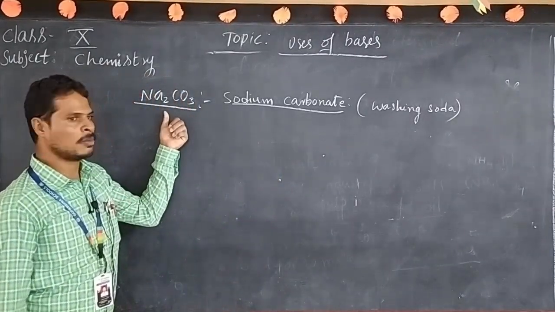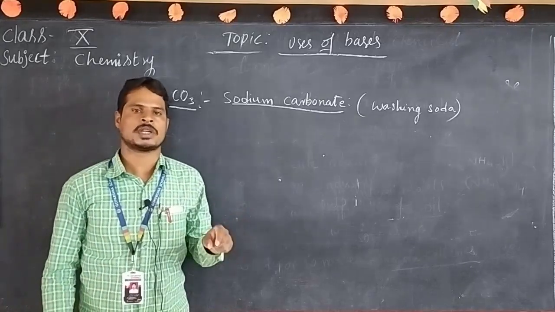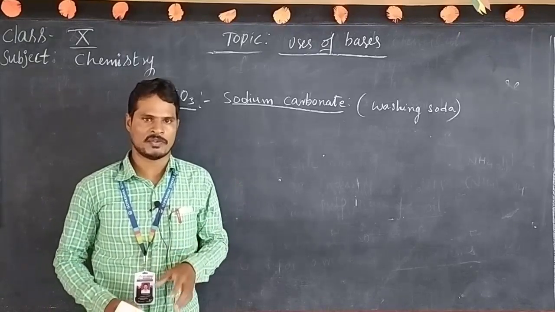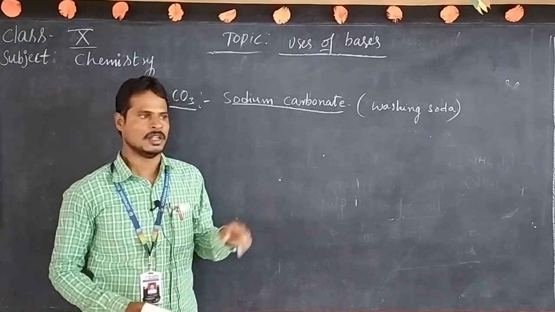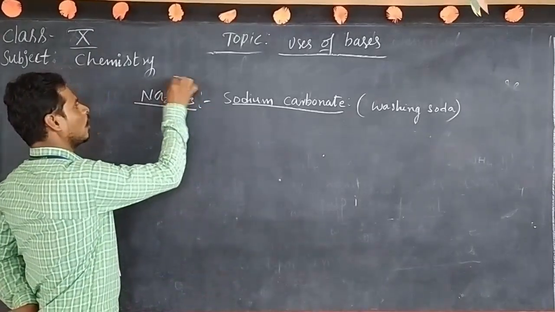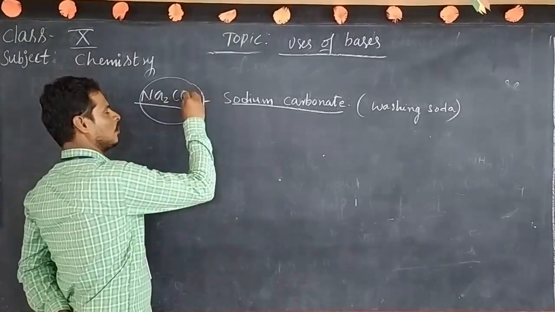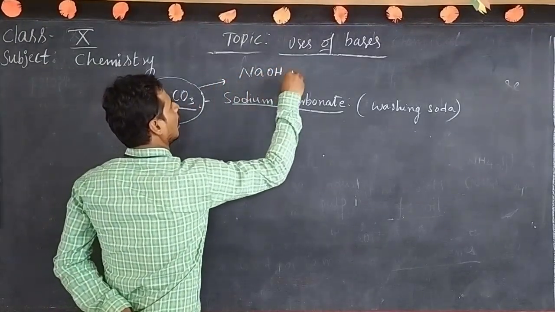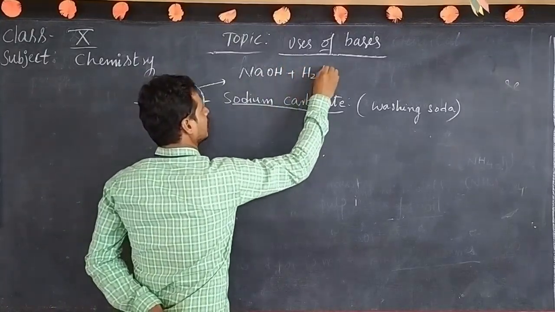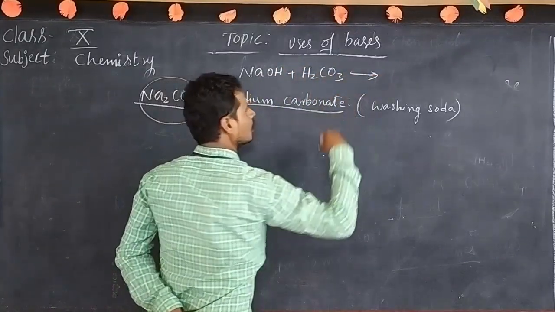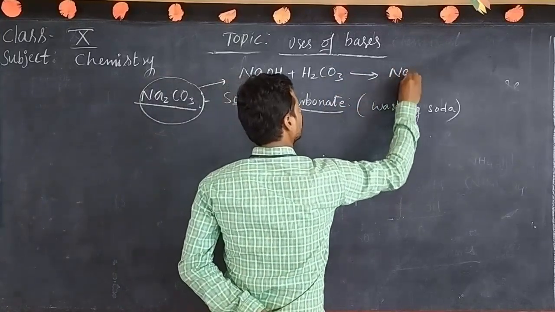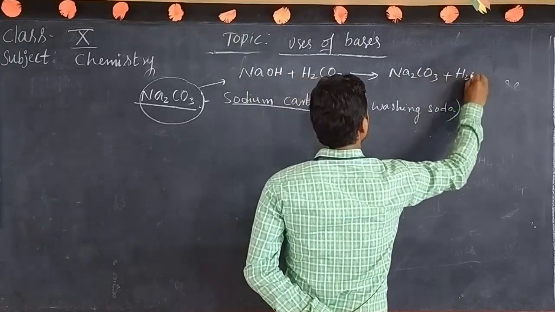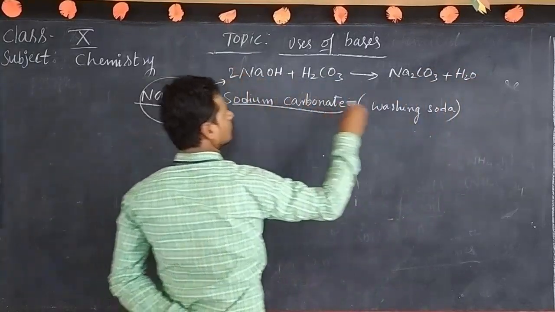But here sodium carbonate does not have OH minus ions, yet we consider it a base. How is it possible? How can you identify whether it is basic or not? So how is this sodium carbonate formed? It is formed by the combination of a strong base and a weak acid to form sodium carbonate plus H2O.